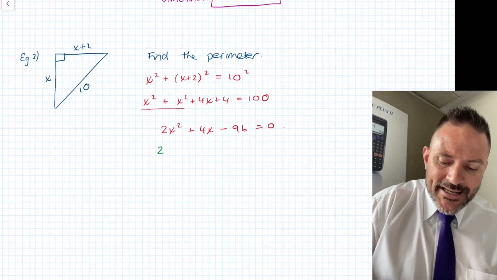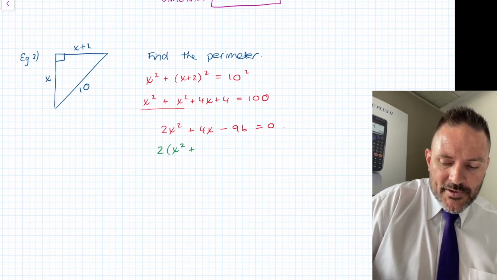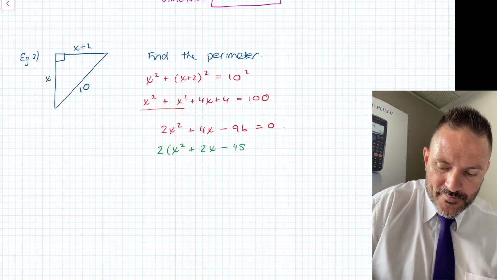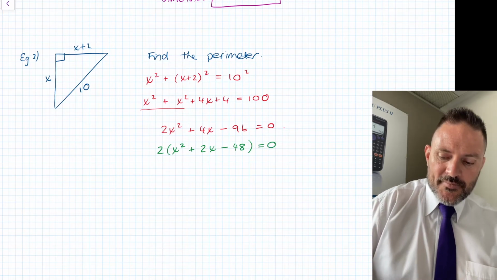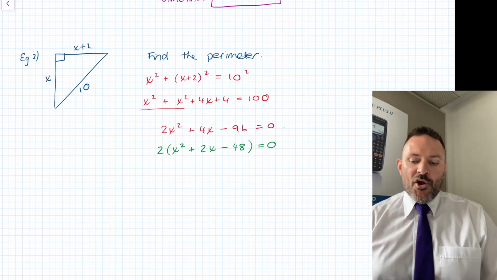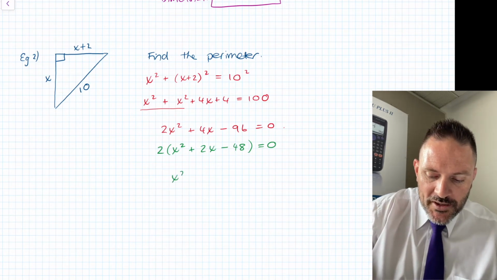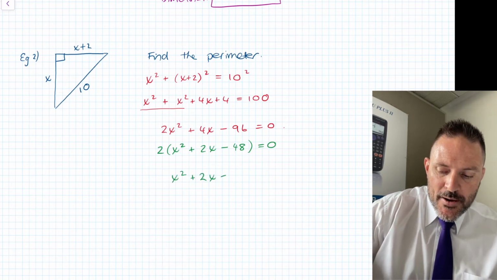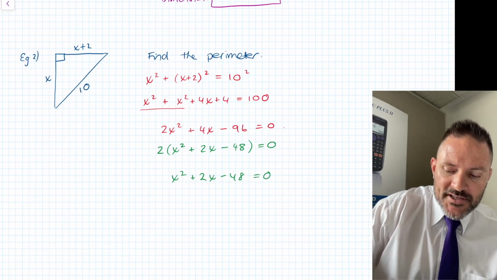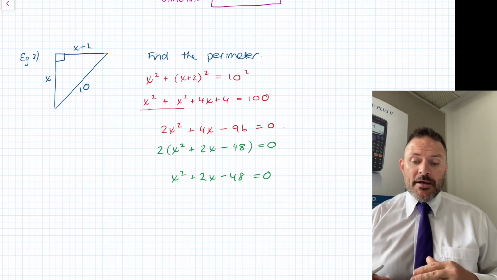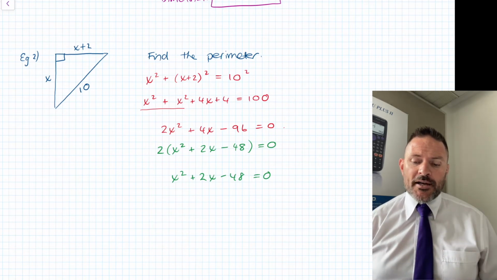However, if I take the 2 out and divide it across by 2, we're left with x squared plus 2x minus 48 equals 0. Now, you actually don't need to write that last step. You can just leave the 2 at the front, and that's fine.